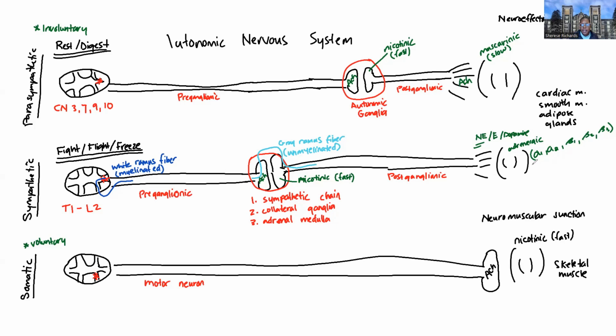All right, there's a very small exception that we talked about, which was sweat glands. But for the most part, the sympathetic postganglionic neurons will release norepinephrine. And depending on the tissue, this can be smooth muscle found in blood vessels, where it would most likely be an alpha receptor. This can be the heart, where it will be a beta-1 receptor.